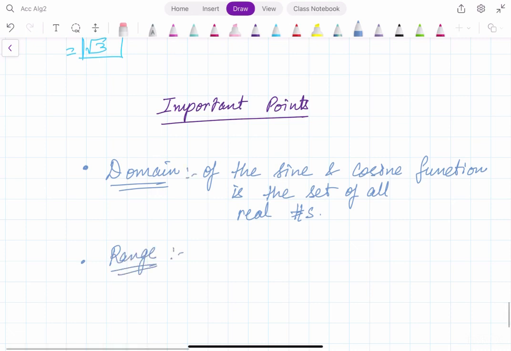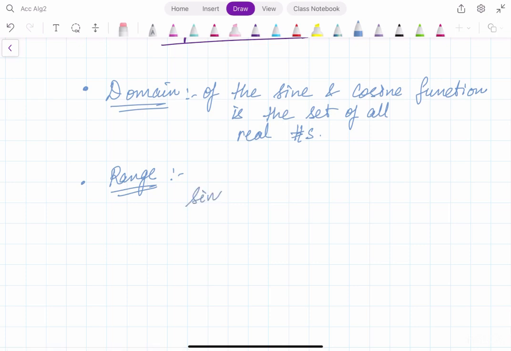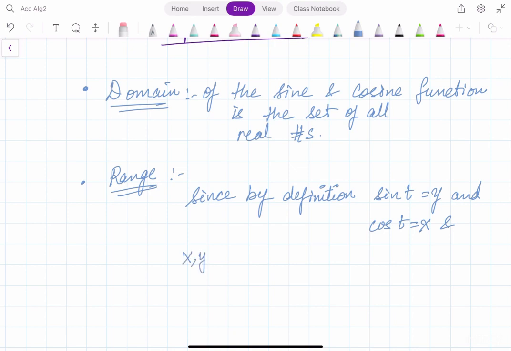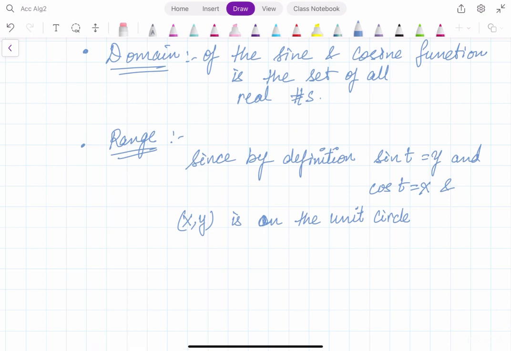Range. Since by definition sin t is equal to y and cos t is equal to x, where the (x, y) coordinate is on the unit circle, y ranges from -1 to 1 and x also ranges from -1 to 1, because remember the sine and cosine functions oscillate.